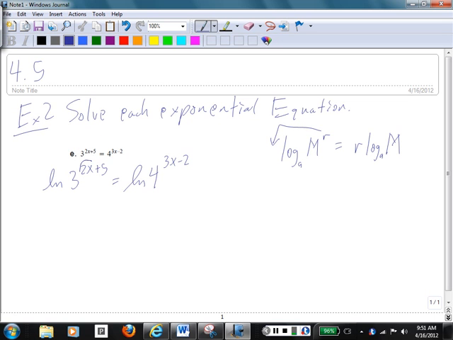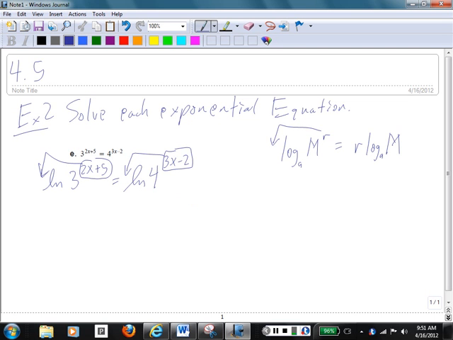This 2x plus 5 comes out in front of that logarithm, and the 3x minus 2 comes out in front of that logarithm. And it transforms this from being an exponential equation with the variables up in the exponents, really, because these are linear expressions, 2x plus 5, 3x minus 2, it transforms it into a linear equation.